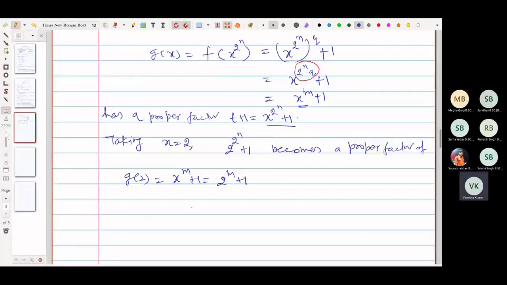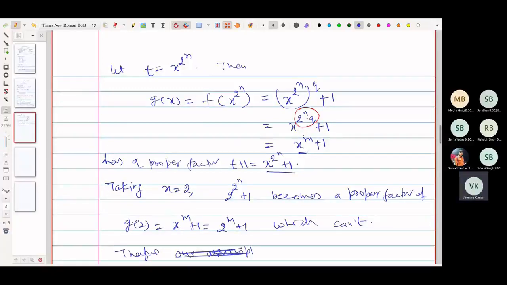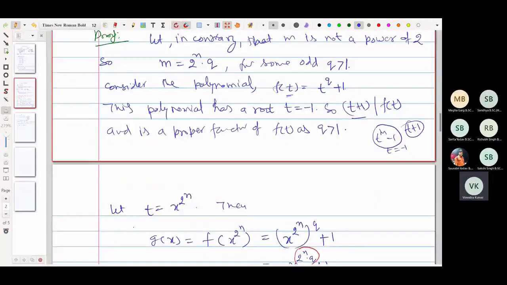Fine. So can this be a proper factor of this number? No. It cannot, and therefore our assumption is wrong. Or we can say therefore what we assumed, that x is alpha, okay, 2 to the power m plus 1 is not prime.